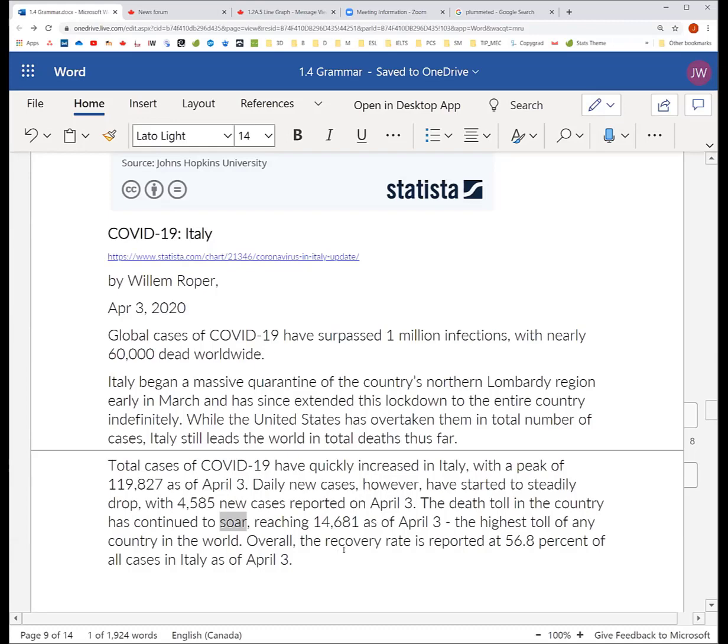So to increase to a very high level, you can use the word soar. Okay, just a quick review. What does indefinitely mean, by the way? Without knowing the time when they will start again, so it's to close for a long period of time. Yep. Okay, what do you call this structure?